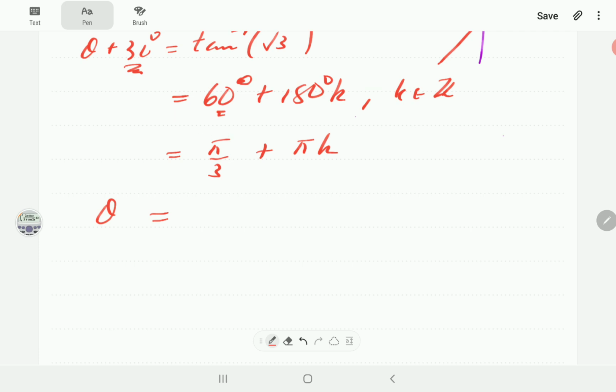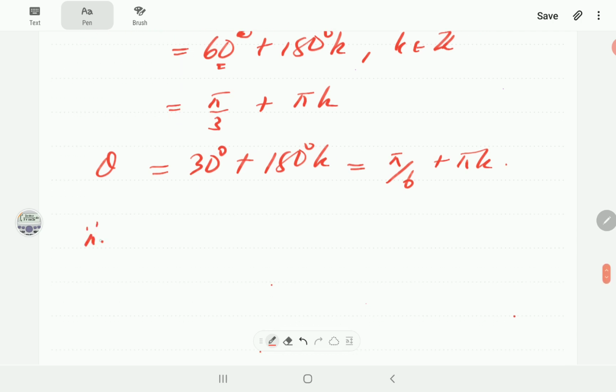That means we're going to subtract 30 from there. It's going to be 30 plus 180k. So yeah, that is going to be our solution, which is pi over 6 plus pi k.